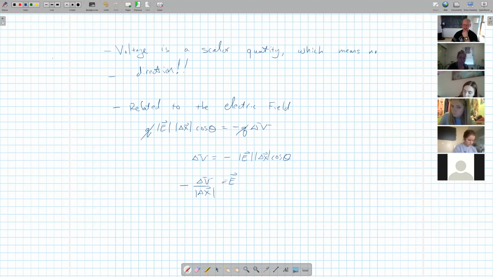So basically what this says is that if I know what the potential difference looks like across a particular region, I can then determine the electric field by looking at how that potential changes from position to position. What happened to cosine? I'm sorry? From delta V equals negative blah blah blah, and then the next step, what happened to cosine in between those two?